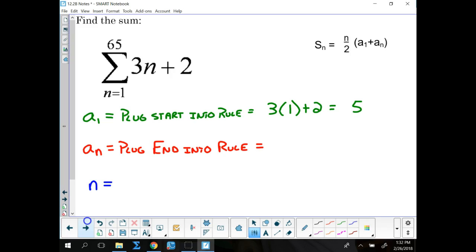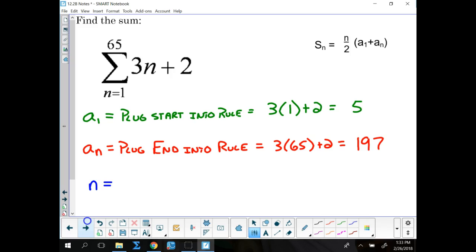So that's going to be 3 times 65 plus 2. 3 times 65 is? 195 plus 2 is? 197.